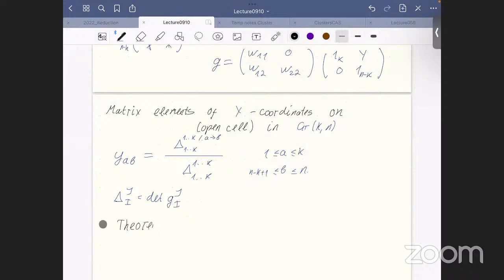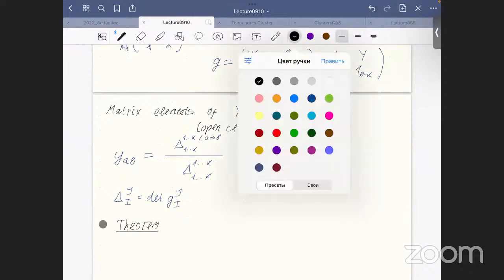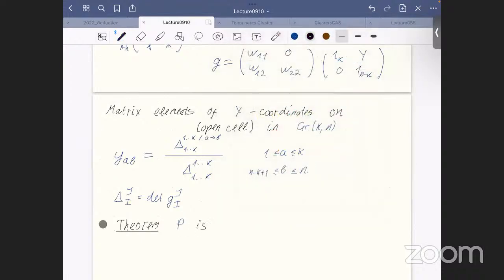Okay, theorem. P is a Poisson Lie subgroup of G. Hence, the homogeneous space has a natural Poisson structure.